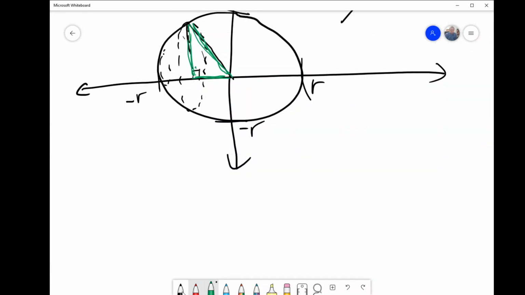So in this case, once we're labeling things, we're going to have our x, our y, and our r. So y squared is going to be equal to r squared minus x squared, all by the Pythagorean theorem.